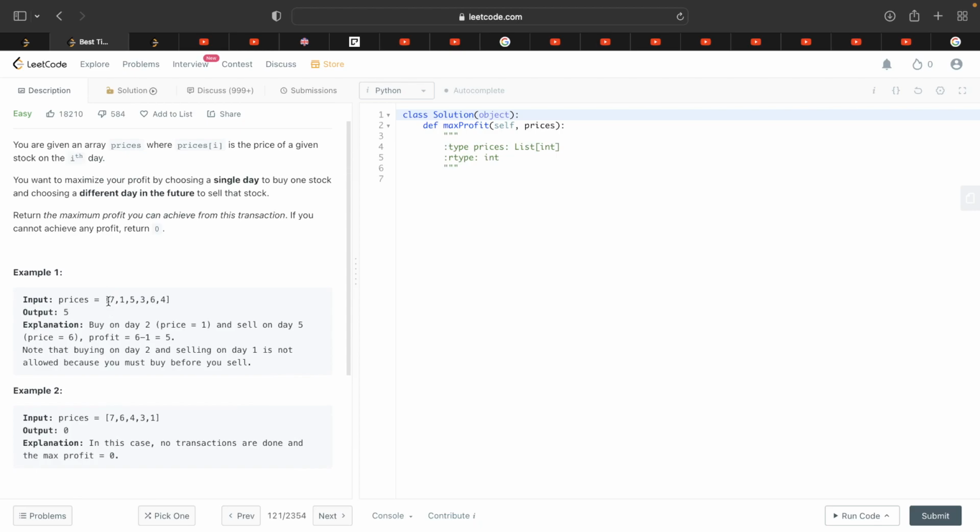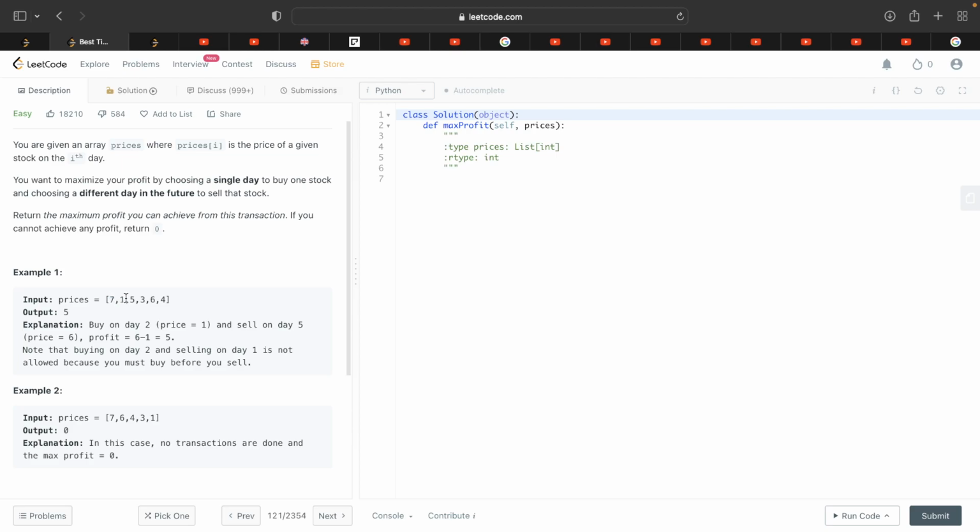Basically, the way we solve this is we maintain a minimum price so far, starting from, say, this position. So when we start from here, we compare with our minimum price so far, and then we calculate the profit on this day, considering that we have the minimum price so far.